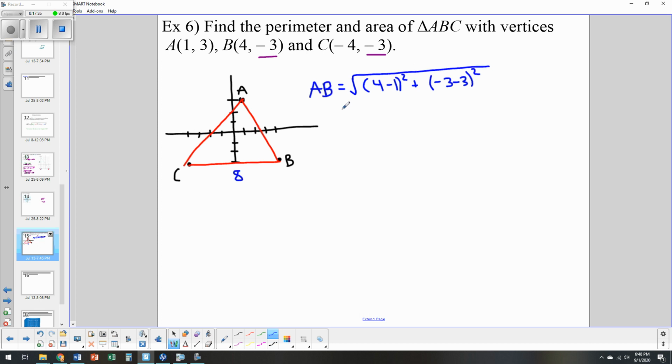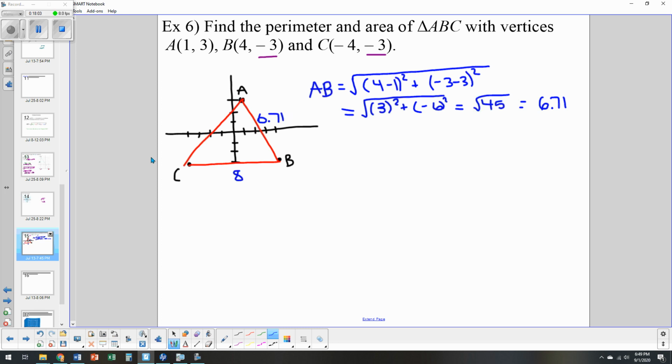So that's 3 squared and -6 squared. And remember, the negative doesn't really matter. It's going to turn positive when we square it. So that's 9 plus 36, or 45. And that turns into 6.71 about. So I'm going to put 6.71 over here.